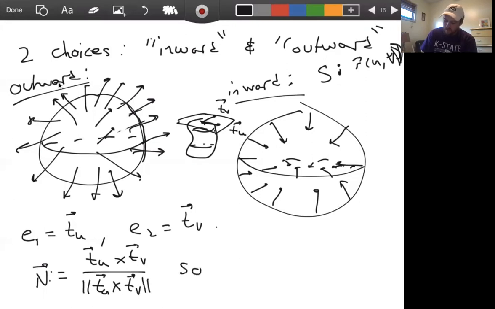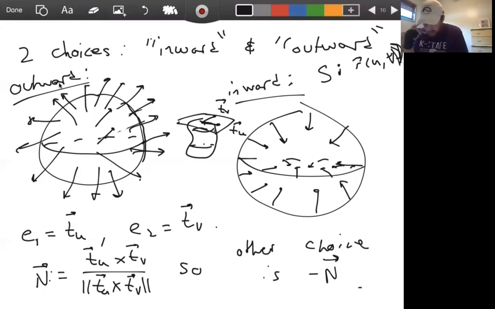And then the other choice is negative n, which is TV cross TU over the magnitude of TV cross TU.